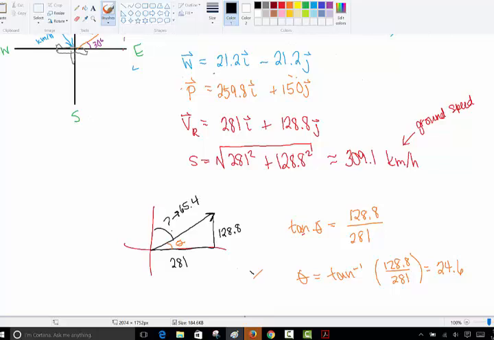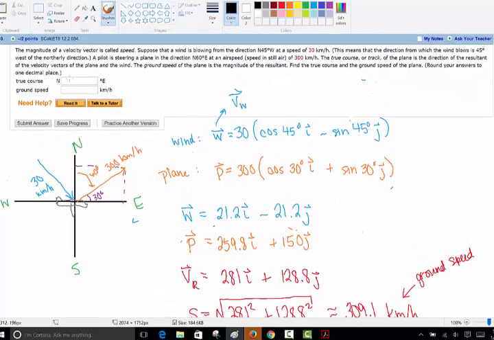So that would be the angle that we would put in here, 65.4 degrees east of north. And then our ground speed was 309.1 kilometers per hour.